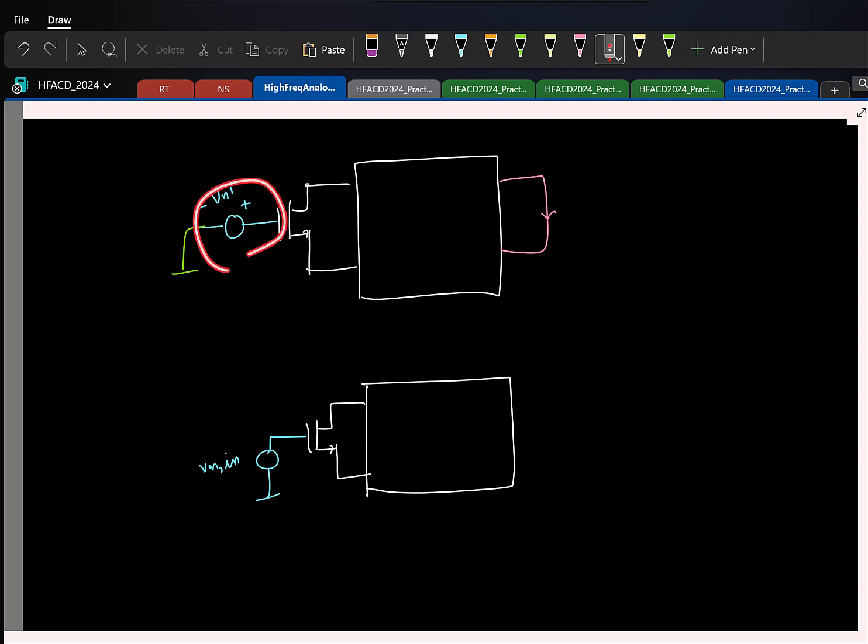It is the same as this, right? Is that okay? See, this is basically your input port, and for this transistor, the noise is modeled as an equivalent voltage source at the input, right? So the contribution of this transistor to the overall input referred noise of the circuit is basically the noise voltage of the transistor directly.